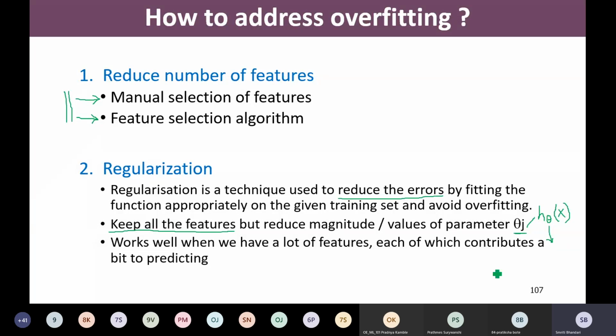Whatever the magnitude or value of theta is, we are going to reduce that value a bit. Depending on that value of theta, it determines the contribution of every feature in our hypothesis. And this is how we can address the problem of overfitting.